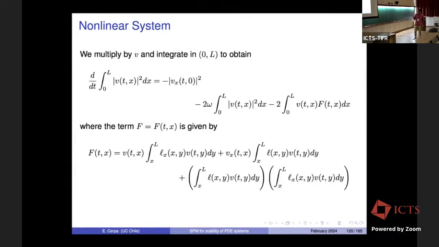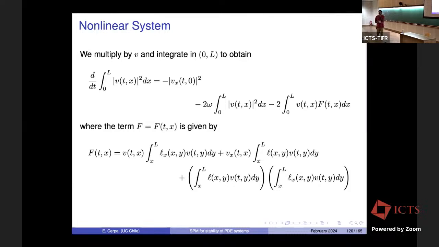Here again, we are just taking a look at how to do this computation. We obtain the derivative of the energy. As before, we have this term coming here, we have the term coming from the interior damping term, and we get this extra term coming from the nonlinearity, V times F, where F is this guy here.